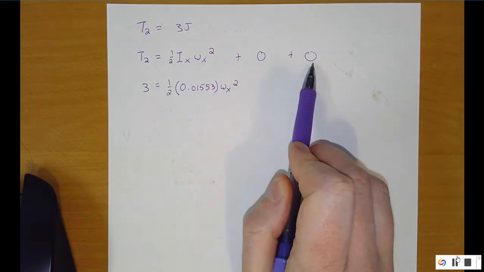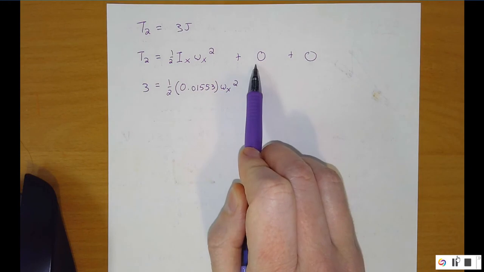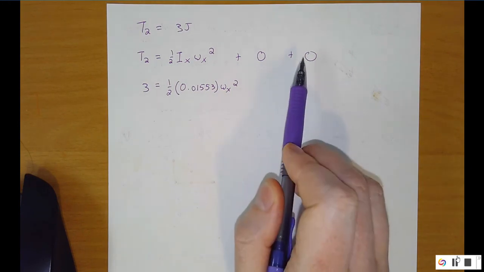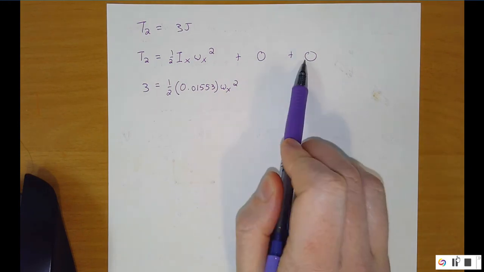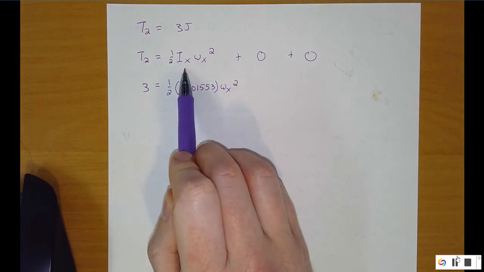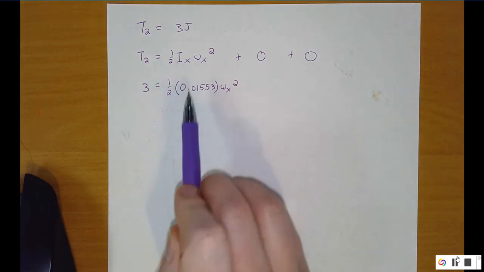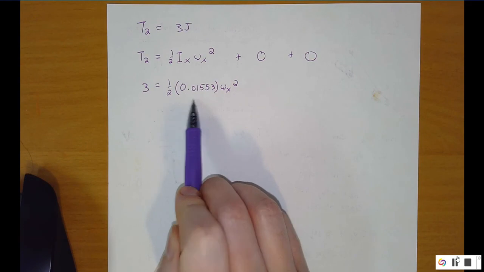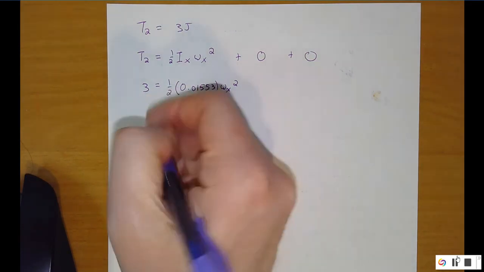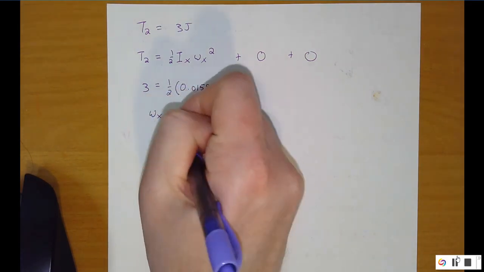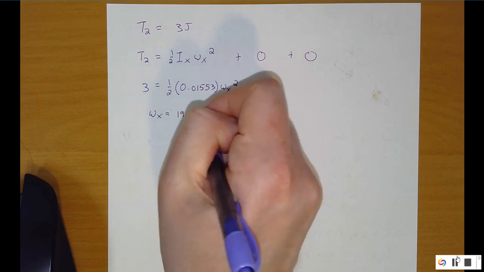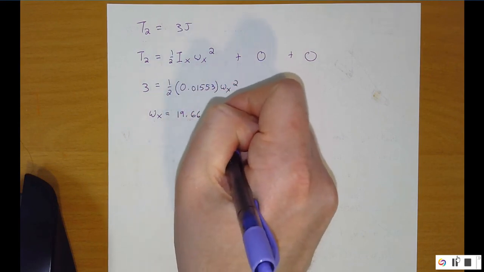We had no rotation about y or z because it's fixed about that x-axis, so those both zeroed out. We then spent some time finding Ix, which we found to be this number. At this point, it's just an algebra problem. You solve for omega x, you will get that it is 19.66, and that is radians per second.